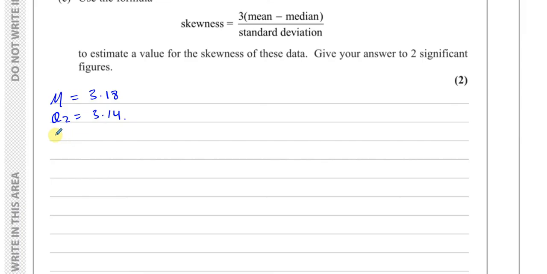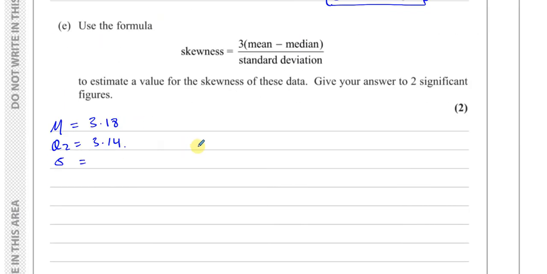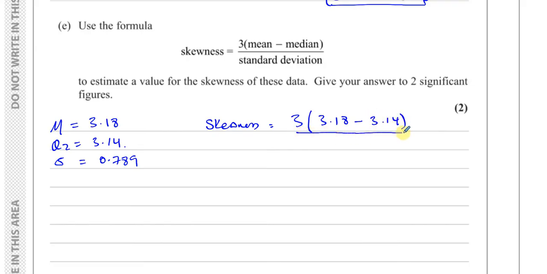And the standard deviation, we just calculated it now to be 0.789. Okay, so we've got to find the skewness. We can say the skewness of the data is 3 times the mean, 3.18, minus the median, which is 3.14, over the standard deviation, which is 0.789.